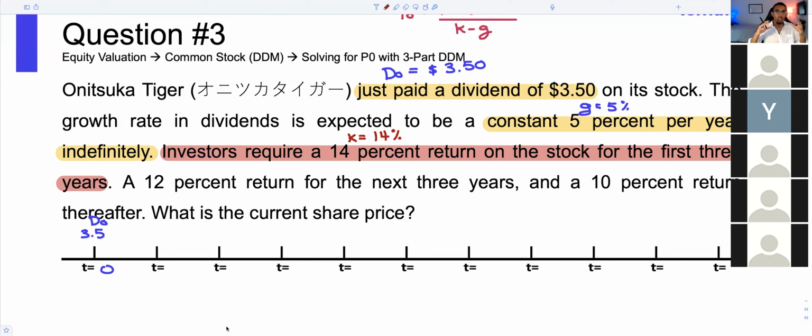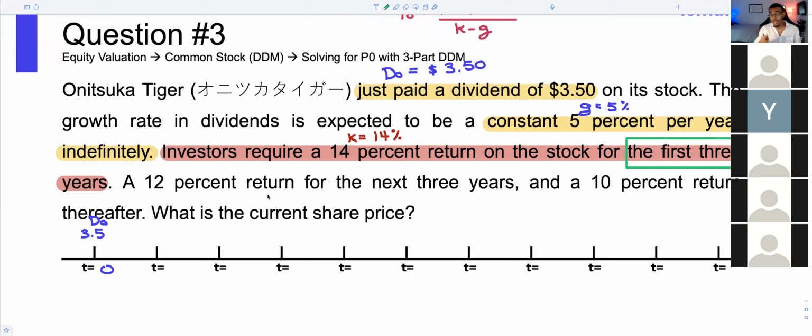You want to be able to look at these big problems and understand what are these little bite-sized pieces that you have within the question. All right. And a really good way to identify that is always to look at the years, right? When they tell you something as blatant as this, that literally says, hey, for the first 3 years you're going to have something, you should know that that's already one part of your question, and that's its own individual part.